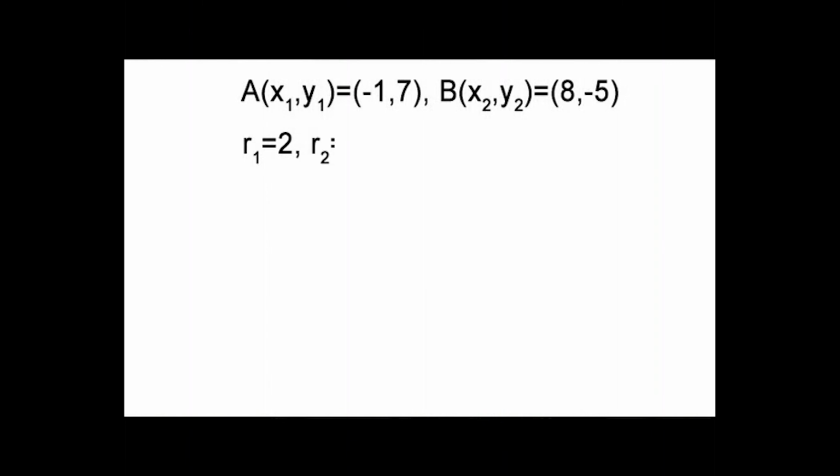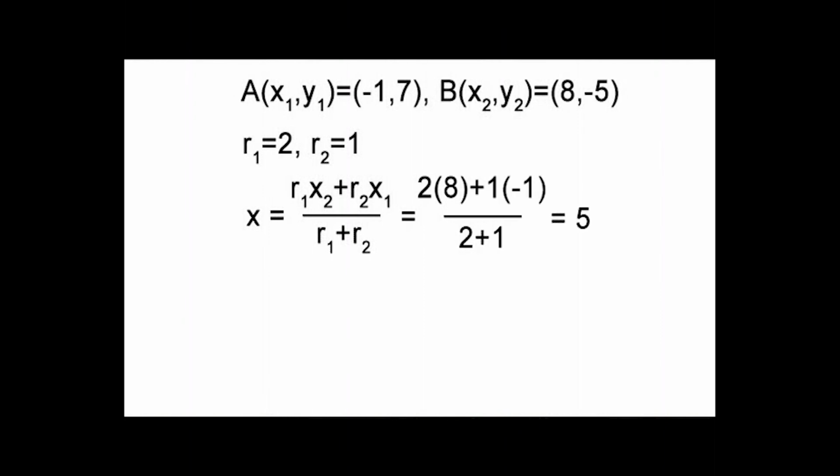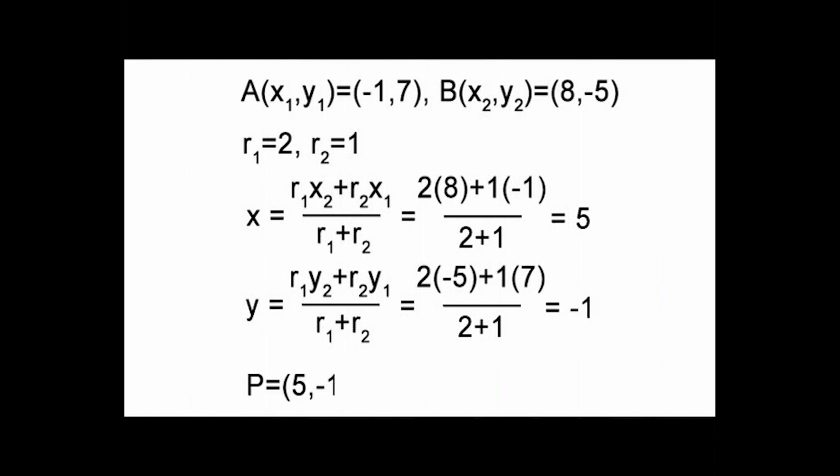Go ahead, Danzel. Since P is twice as far from A as it is from B, we have R1 equals 2 and R2 equals 1. We then substitute the coordinates of A and B and the values of R1 and R2 into the formula to get the coordinates of the point P.